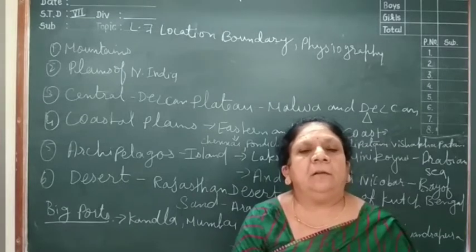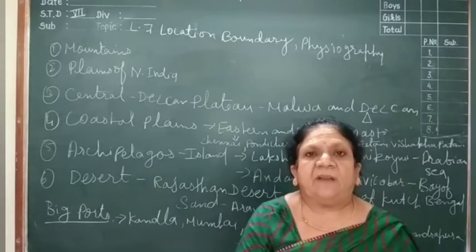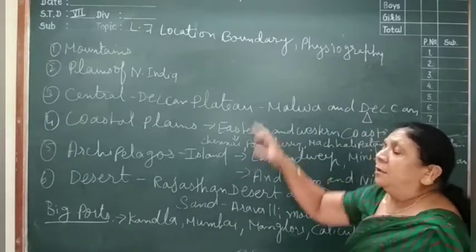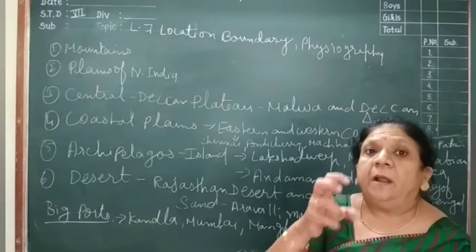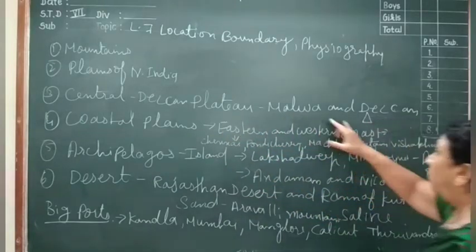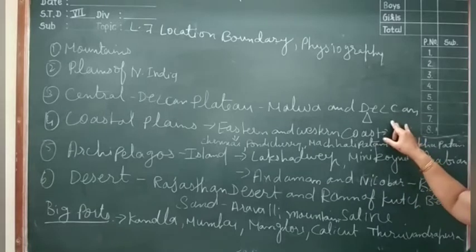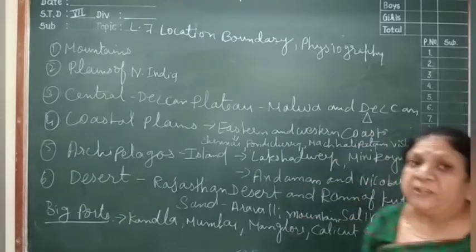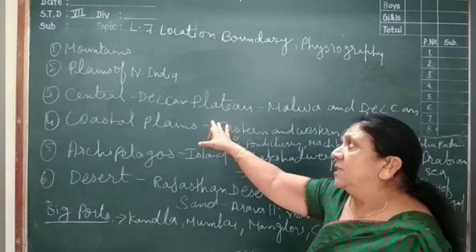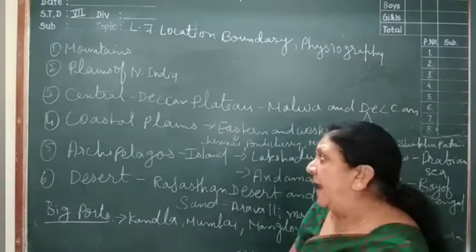So these minerals are found in large quantities. Where there are Deccan plateaus, the minerals are found in large quantities. So it is very famous for this. And these are the two plateaus. Especially Deccan Plateau is in the south and Malwa is in the central. So these are called Deccan Plateaus.